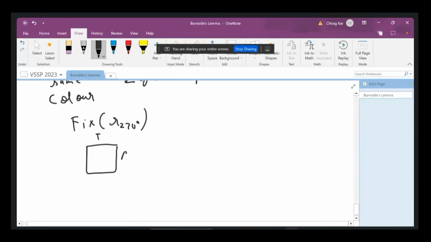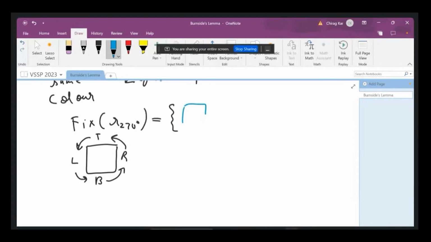So this is the top, this is the right, this is the bottom, and this is the left. So the top one goes here, the left one goes here, the bottom one goes here, the right one goes here. So again, we have the exact same situation, simply because we want the top to be equal to the left, equal to the bottom, equal to the right, and the right one to be equal to the top. So essentially, it is the same exact ones.